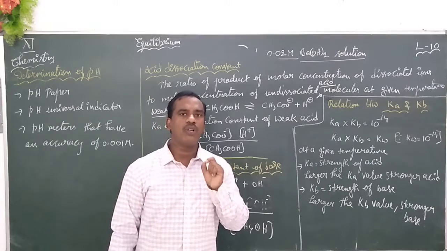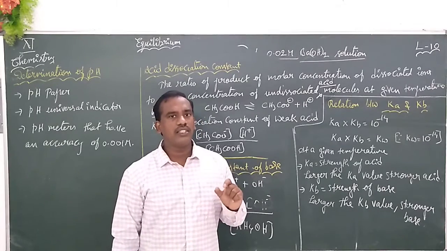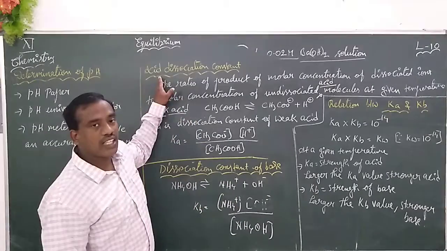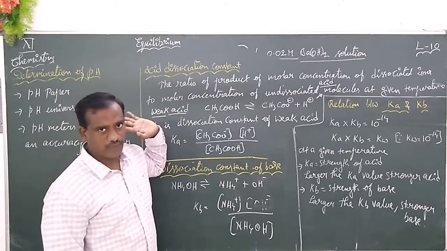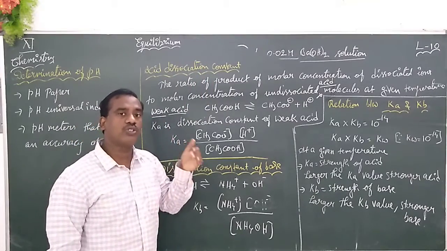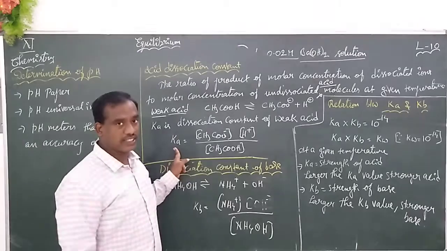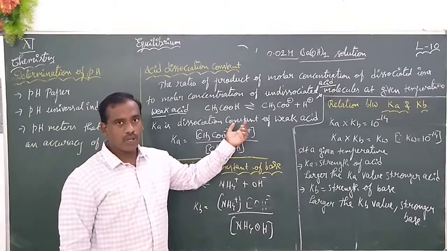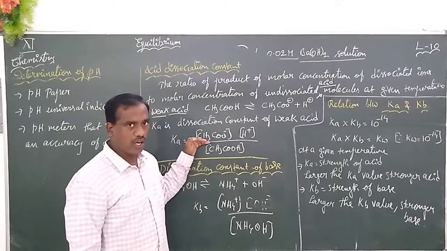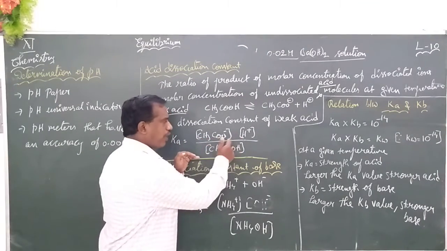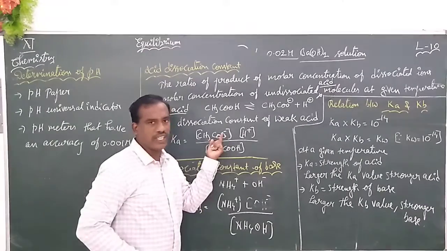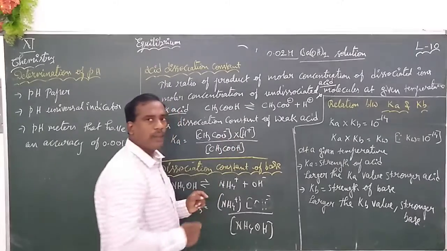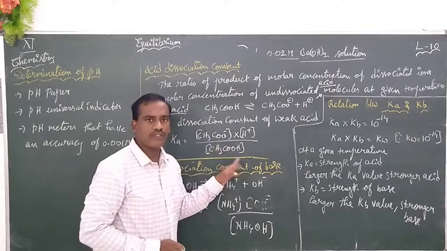So now we are bringing in one constant. The constant that is observed at this equilibrium is called the acid dissociation constant, and the constant observed in dissociation of a weak acid is represented as Ka. For example, the acetic acid we have taken. It is the ratio of the product of the concentrations of the products upon the concentrations of the reactants.